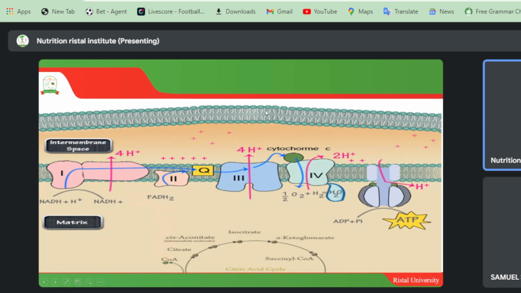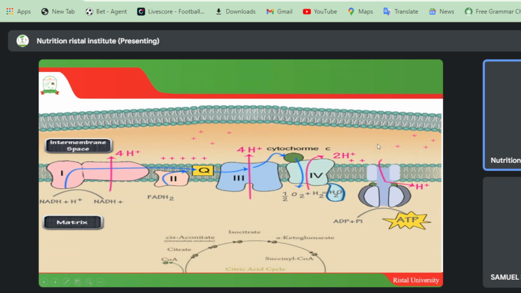Once this proton gradient is created, at the end of everything, on the right hand side here where you're seeing ATP in a yellow or orange thing, I think this is just yellow, that ATP is being generated from this, and this is what we call the ATPase enzyme.